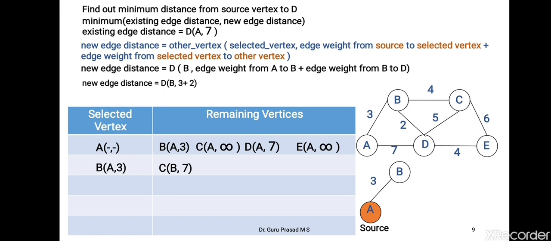It becomes D of B comma 3 plus 2, that is D of B comma 5. Now the minimum: existing edge is D of A comma 7 and new edge is D of B comma 5. Which one is minimum? D of B comma 5. I am considering D of B comma 5.